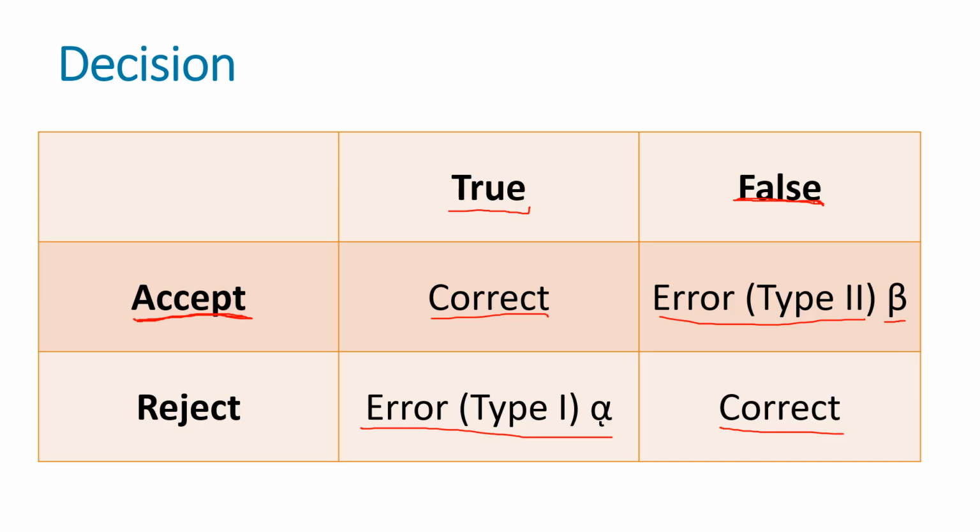Accepting the false means the person is not good, but we acknowledge and say okay, this person is not guilty, and we release. So this is again an error. I'm just creating a context for how decision making works, and later on we will learn how to use this concept in a real way.